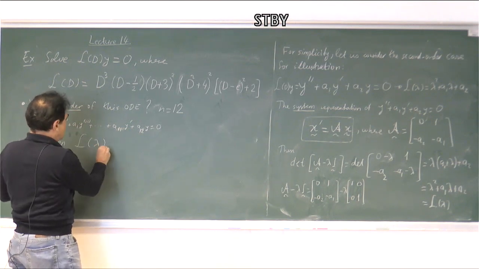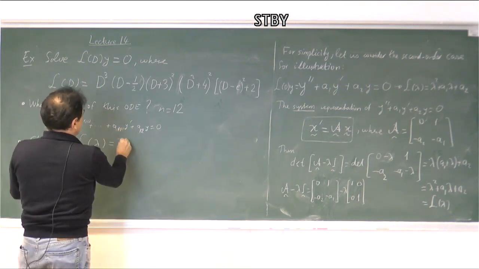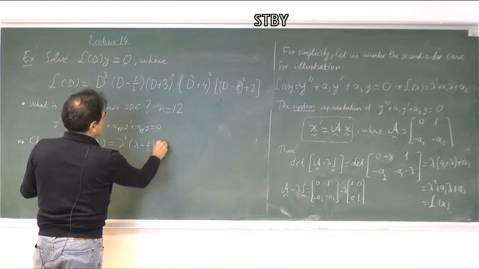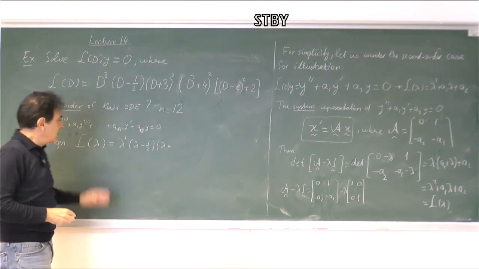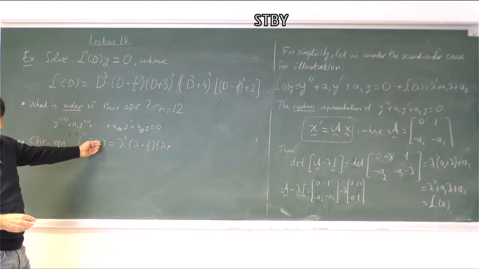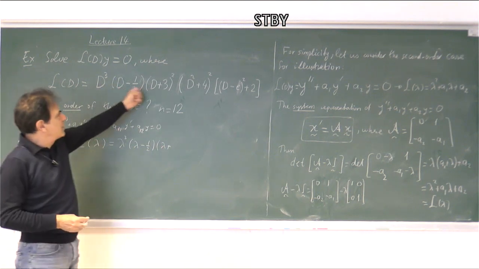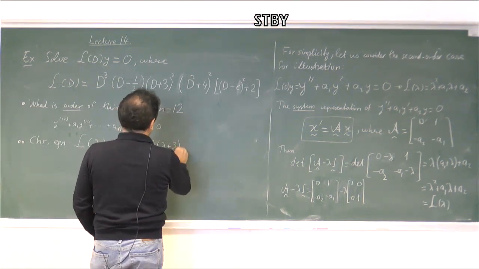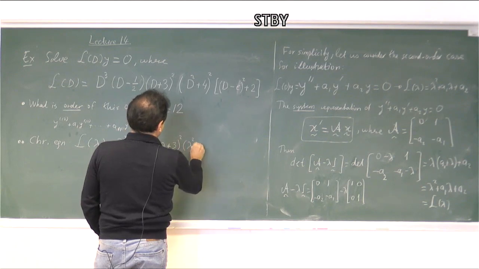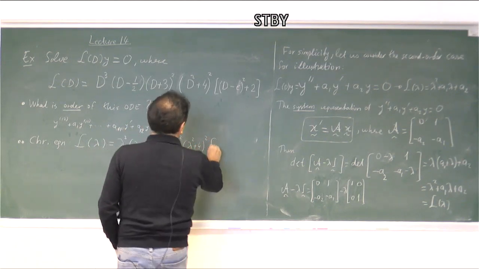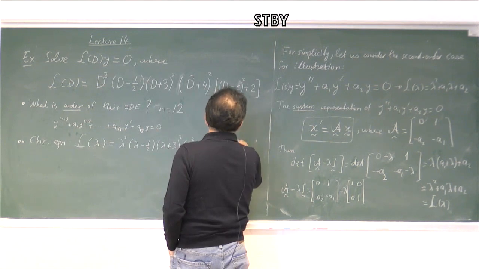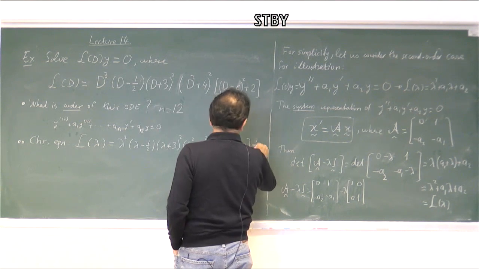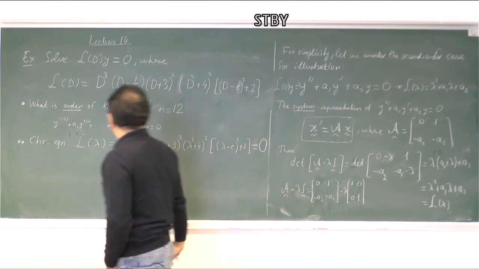So L of lambda is lambda cubed, lambda minus 1/2, lambda plus 3 squared, lambda squared plus 4 squared, and lambda minus e squared plus 2. The characteristic polynomial is obtained simply by replacing D by lambda, which is a parameter to be determined. This is the characteristic equation, which should be equated to 0.